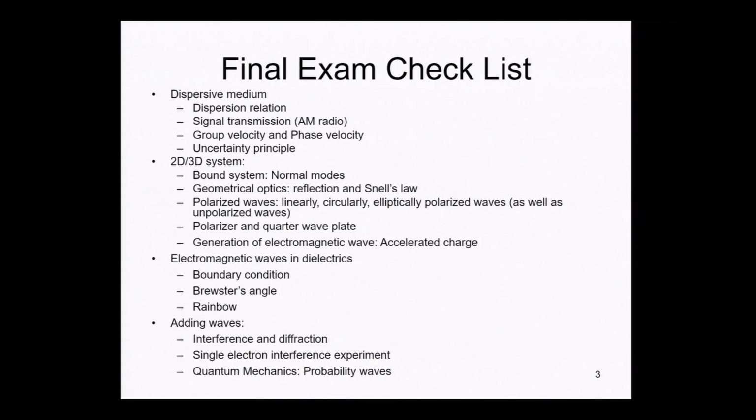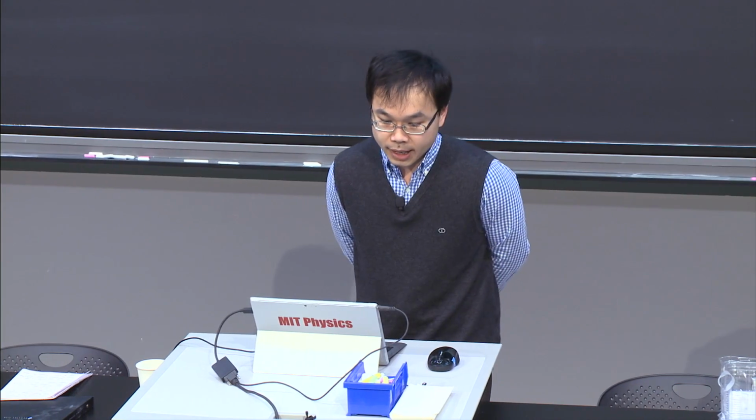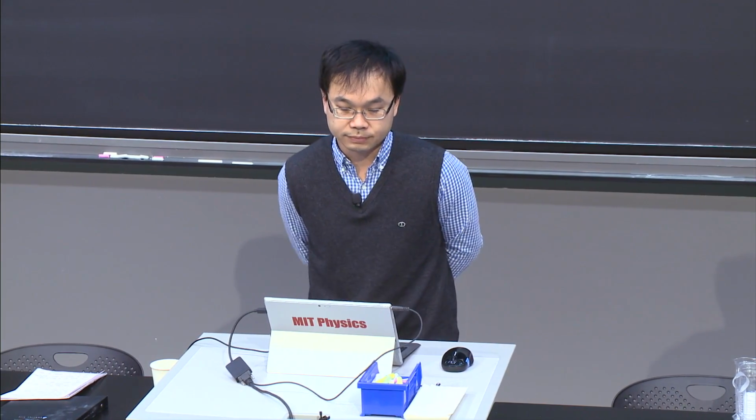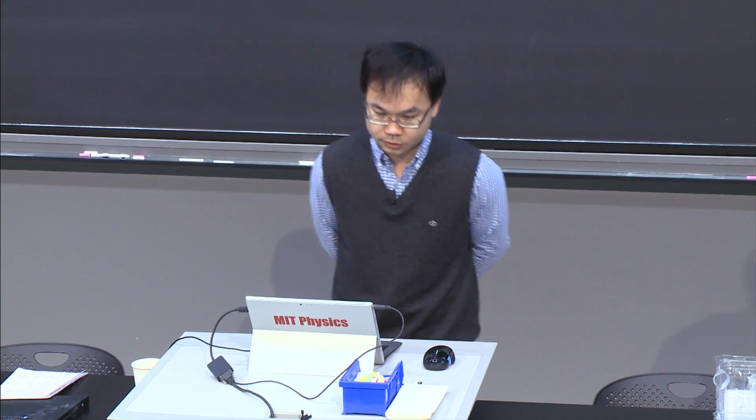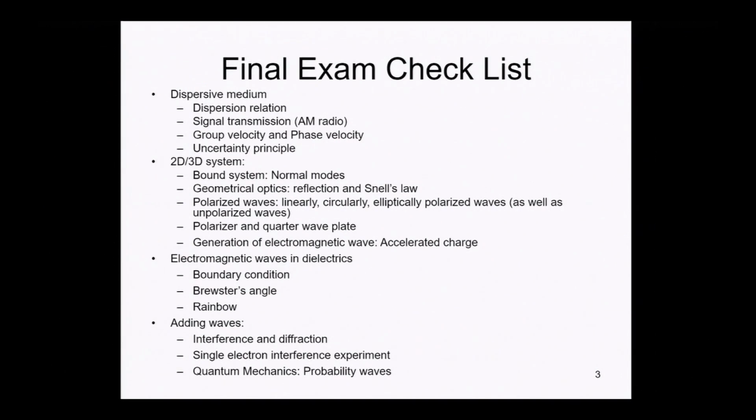The solution we were proposing is to use amplitude modulation radio, and that solves the problem of dispersion. And the group velocity and phase velocity, we covered that, and also, as I mentioned before, the uncertainty principle.